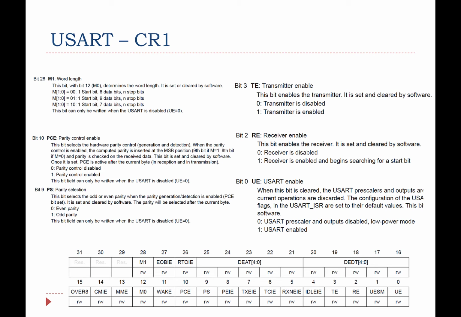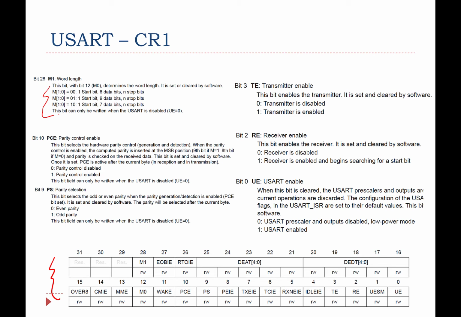Okay, so let's look at these registers specifically to see what we're talking about. You see again, we have the 32 bits of the CR1 register, and we see the important ones that are there for us. You can see here's the word length. It is a 2-bit field, so we have 4 possibilities, but you can see the ones we would use are just 00, which says we have 1 start bit, 8 data bits, and n stop bits.